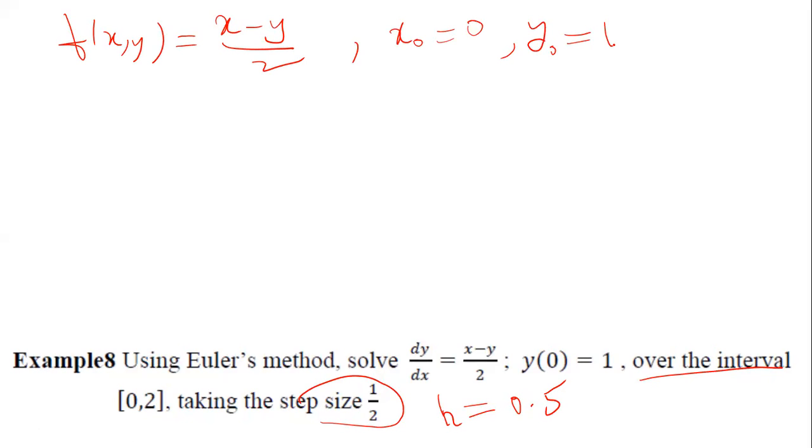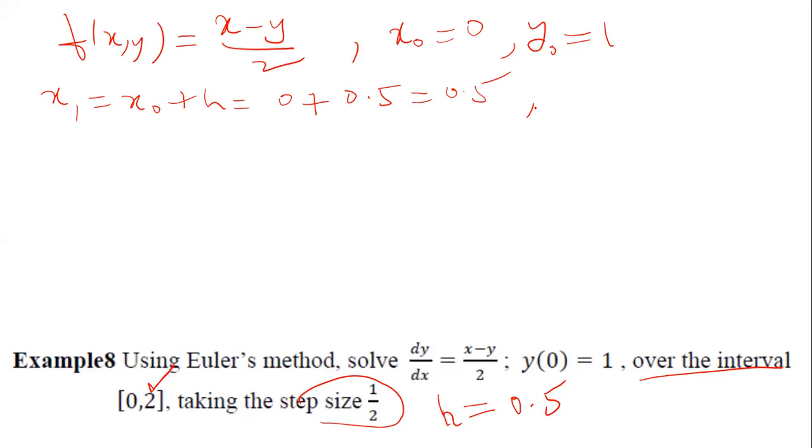If you're going to use this step size of 0.5, how many intervals are you going to need to arrive at 2 here? That means your x1 will be x naught plus h, 0 plus 0.5. This is our x1.